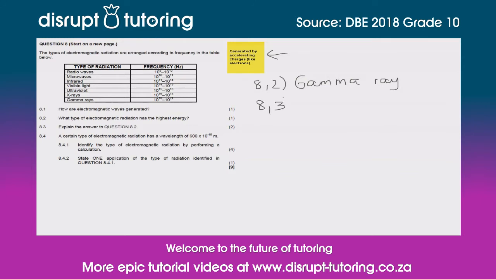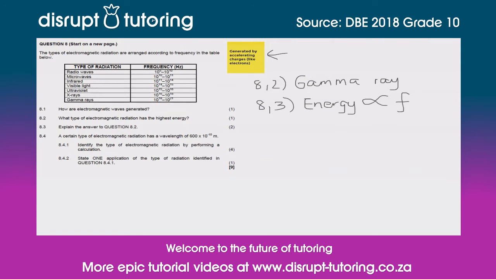This is quite simple to explain because we know that energy is directly proportional to frequency. That little symbol is proportional, and f stands for frequency. We can see in our little table here that gamma rays have the highest frequency, so therefore they have the highest energy.